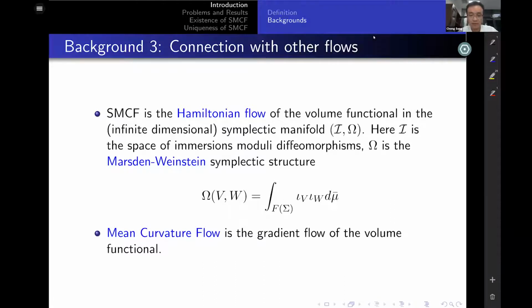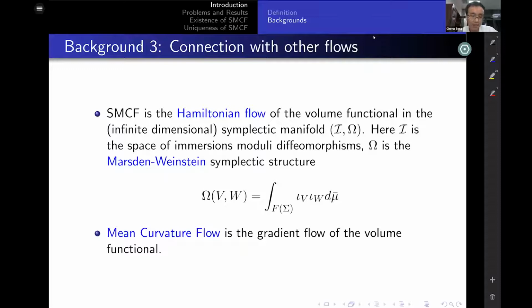So the manifold is the space of all possible immersions of a given underlying manifold. And we have the so-called Marsden-Weinstein symplectic structure. If you consider the volume functional as a functional defined on this symplectic manifold, then you can study its Hamiltonian flow, which is exactly the Skew-Curvature flow.